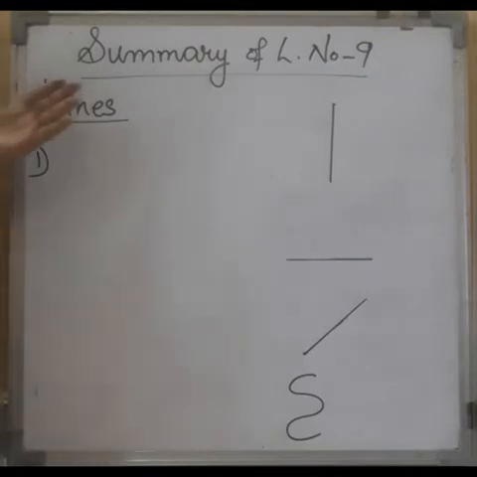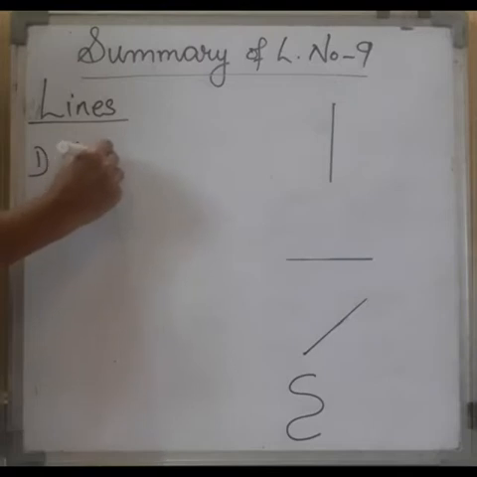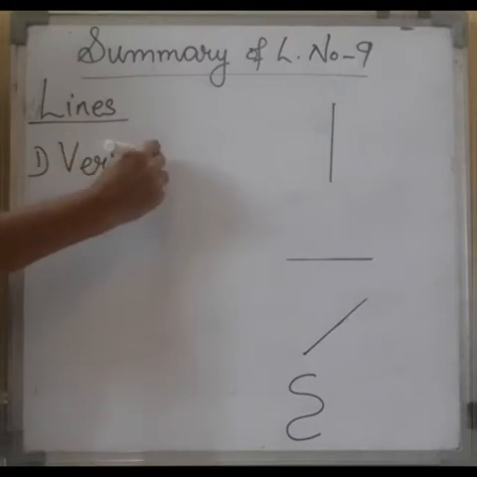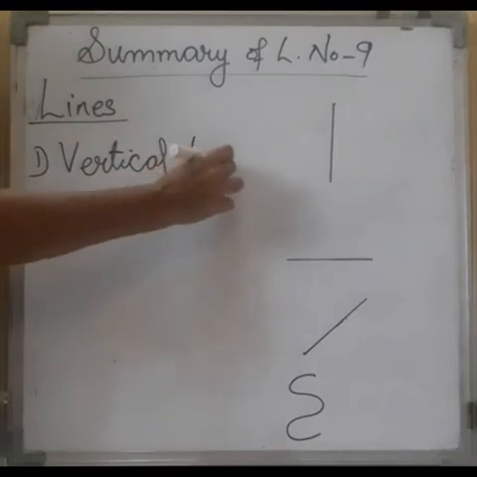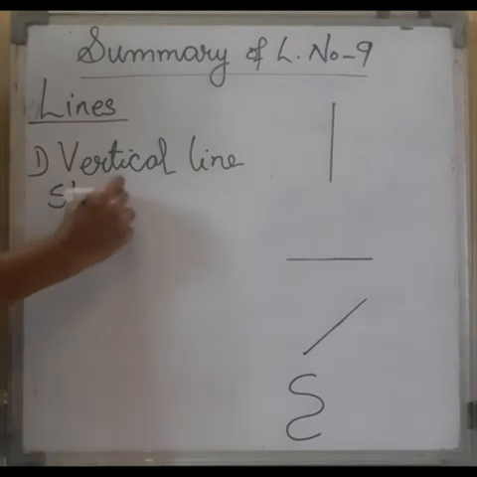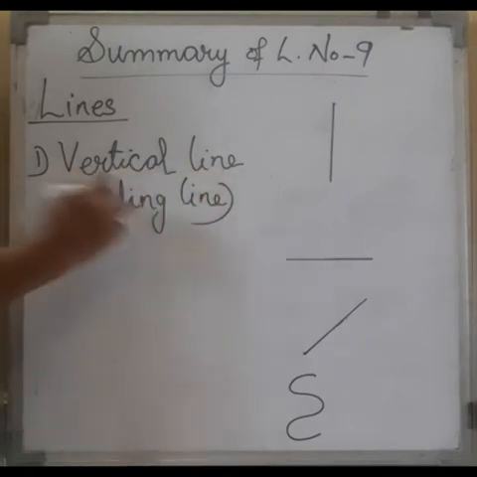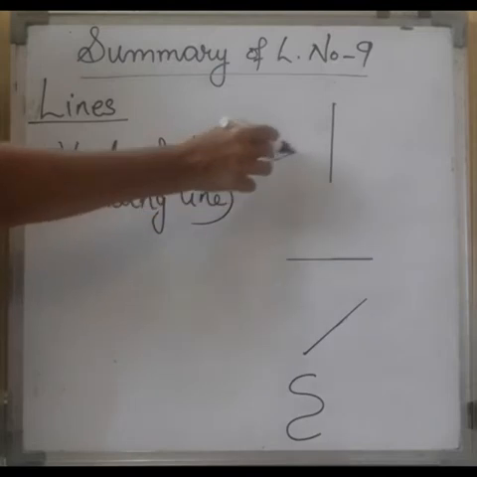Straight lines are of three kinds. First one is vertical line, or standing line. Its other name is standing line.